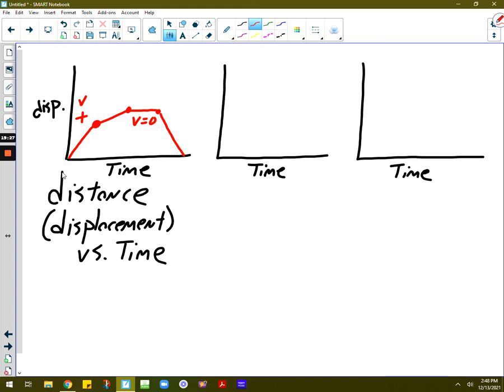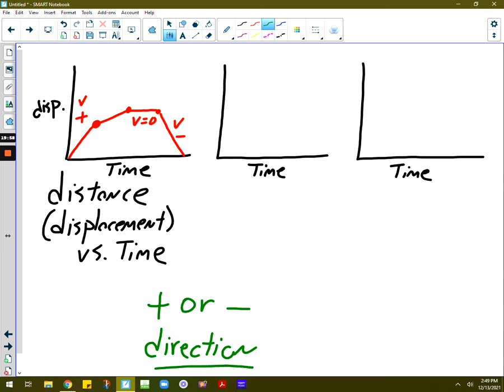Meaning it is getting closer to where we started, so our velocity is negative. Remember, big thing to keep in mind: positive and negative equal direction.